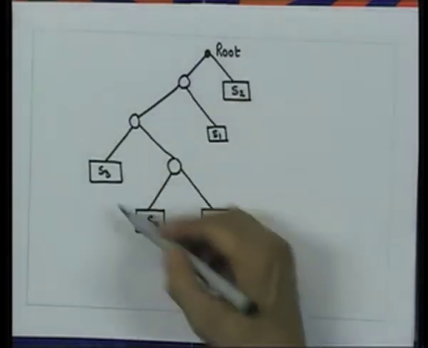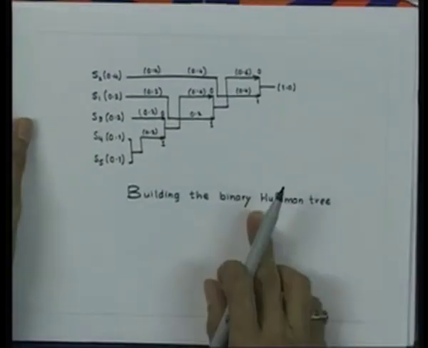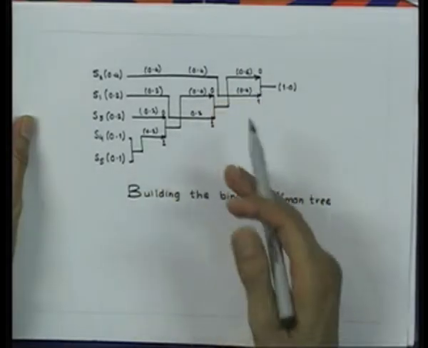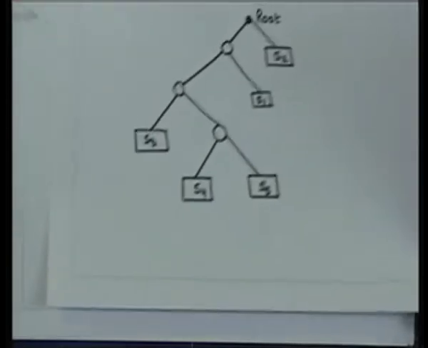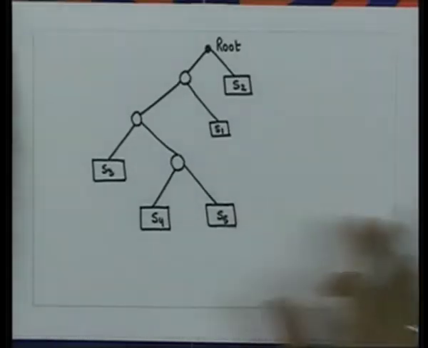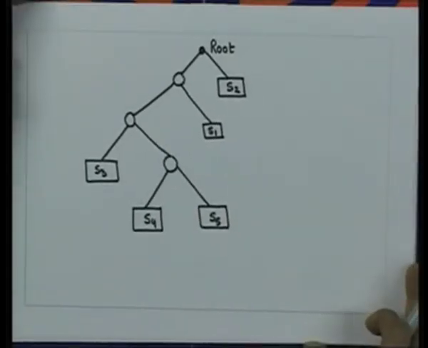So, this is a more formal representation of this same binary Huffman tree. It is not difficult to convert this to this form, which is a more formal representation of a tree.